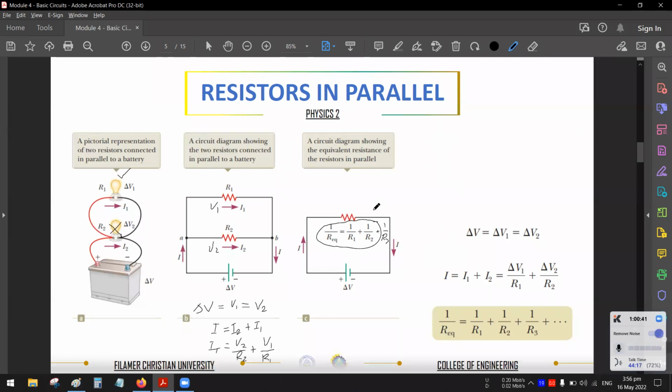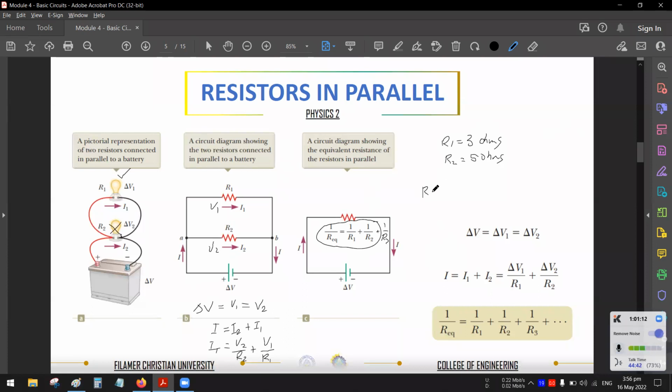Okay? So meaning, for example, yung R1 mo is equal to 3 ohms. Yung R2 mo is equal to 5 ohms. Therefore, yung equivalent resistance mo, pag nakaparallel yan, should be less than the lowest or the smallest resistance in the group. Okay?